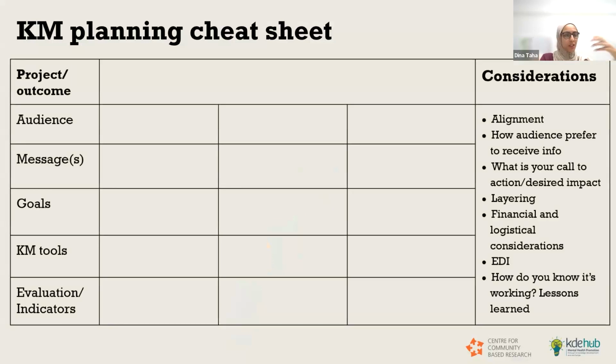Including here a worksheet or a template for people who like to jot the ideas down. It summarizes the elements that you need in order to do good knowledge mobilization planning. Audience, who's your audience, what is your message, what are your goals, and based on that, what are the knowledge mobilization tools, and how are you going to know that you have accomplished what you were trying to do with your knowledge mobilization plan.